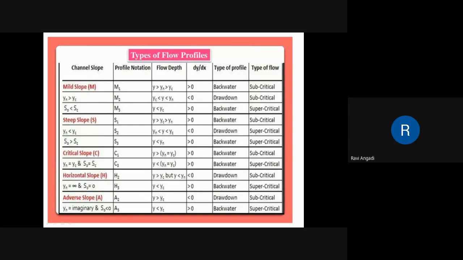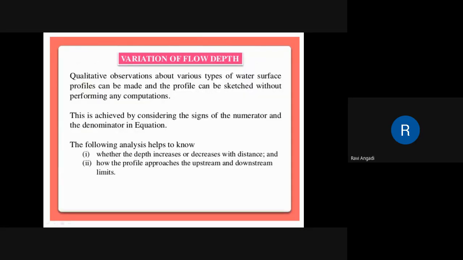Coming to the next one, the variation of flow depths. Qualitative observations about the various types of water surface profiles can be made, and the profile can be sketched without performing any computations. By looking at the depth of flow, you can sketch the profiles directly.